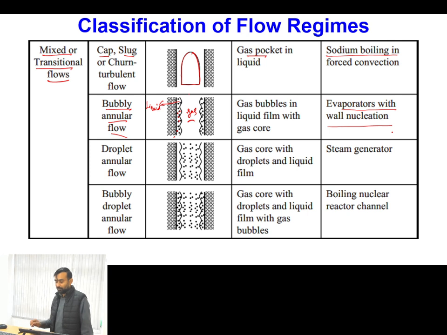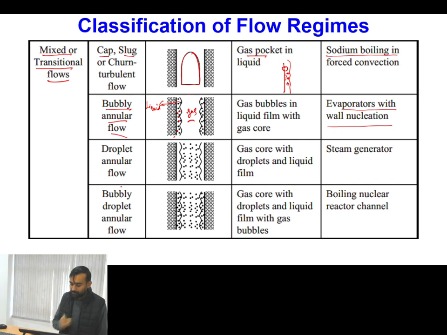What is the meaning of wall nucleation? You have a tube, and in this tube you have some nucleation sites present at the wall. From this nucleation site vapor will grow, and in the adjacent portion you have a liquid film. So this vapor bubble which is generating from the wall will try to move towards the liquid film. Is this one clear?